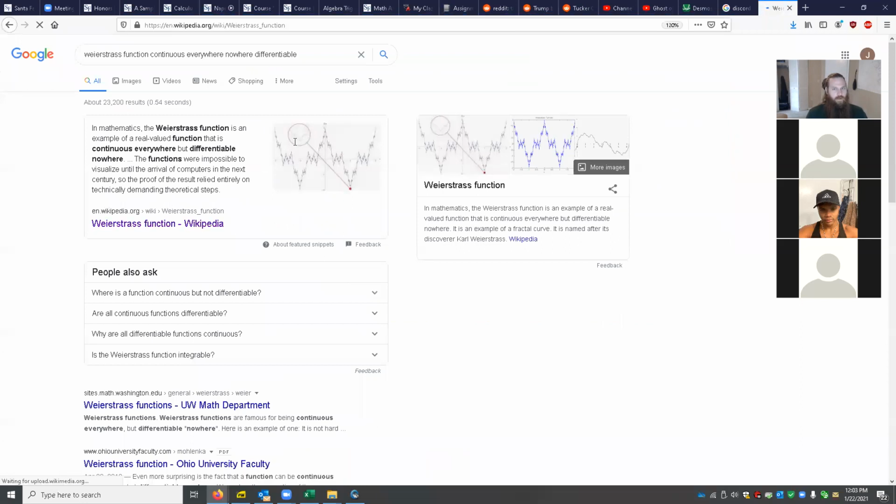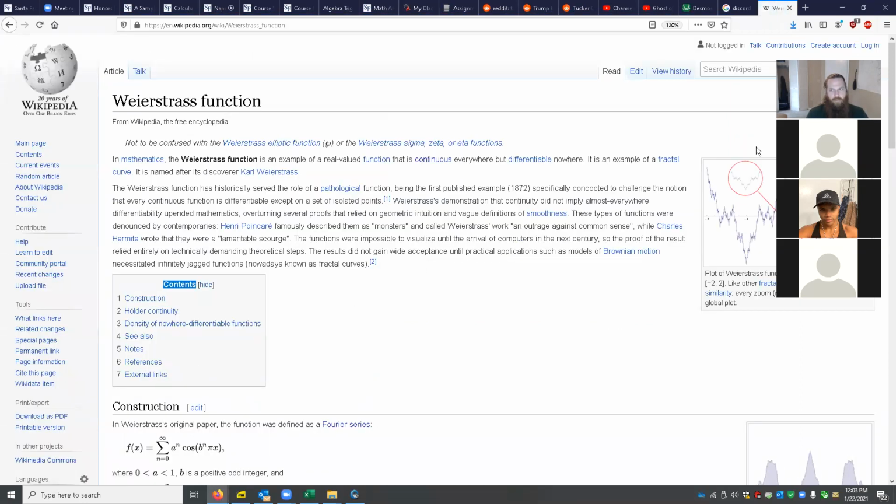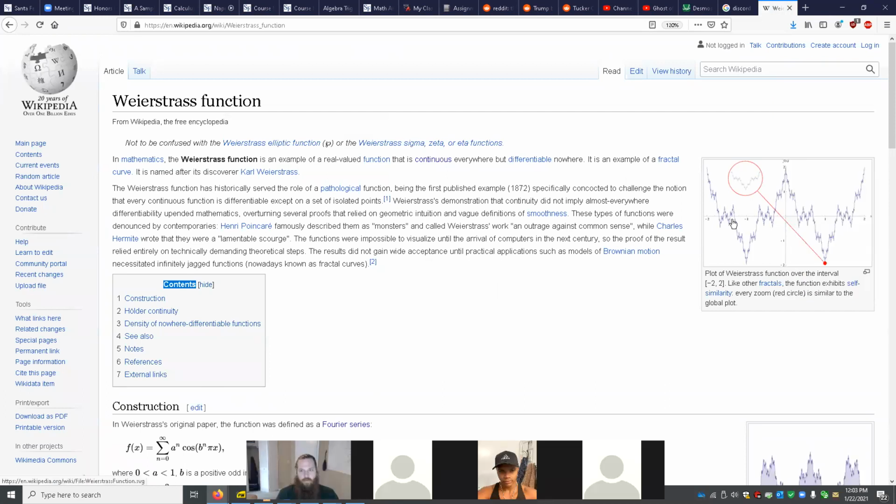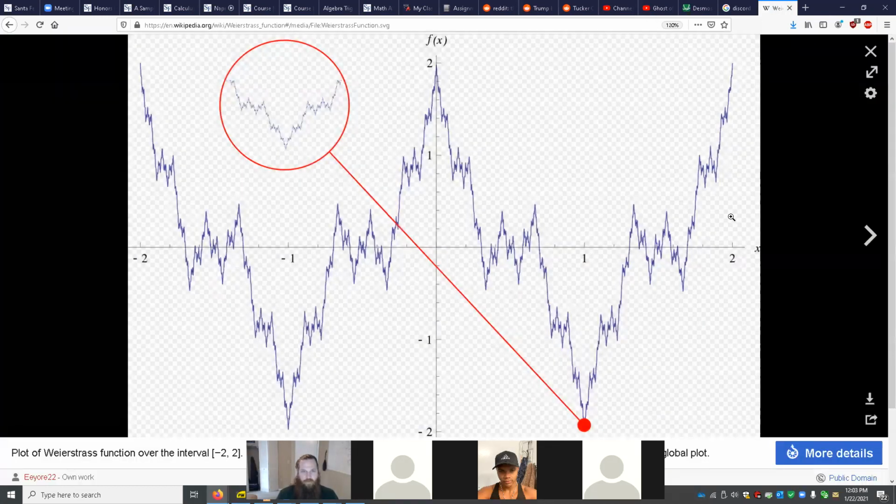Yeah, I always just called it the Weierstrass function. Look how messed up that graph is. No matter where you look at this thing, it's always connected. It is continuous everywhere. But it's not smooth anywhere.